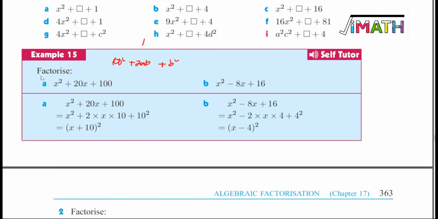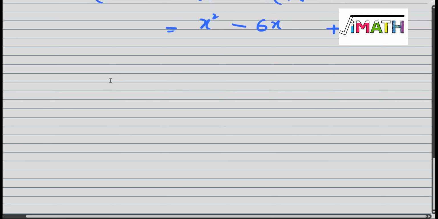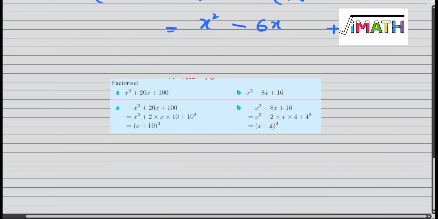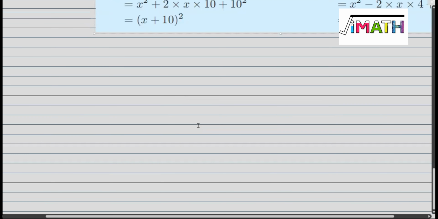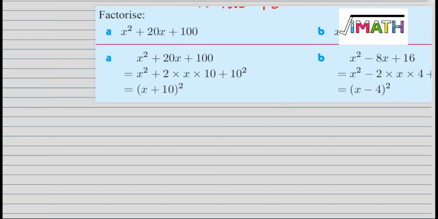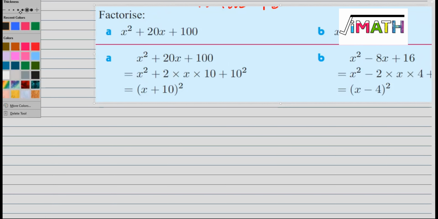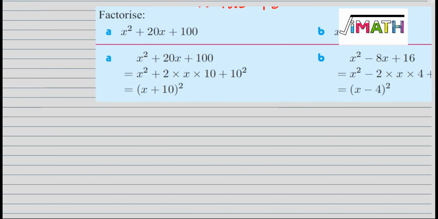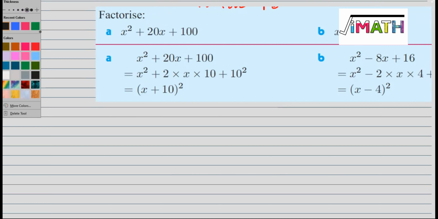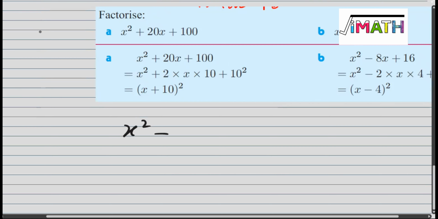So now I'm gonna give you a quick way to find that. Let's say the question is x squared plus 20x plus 100.